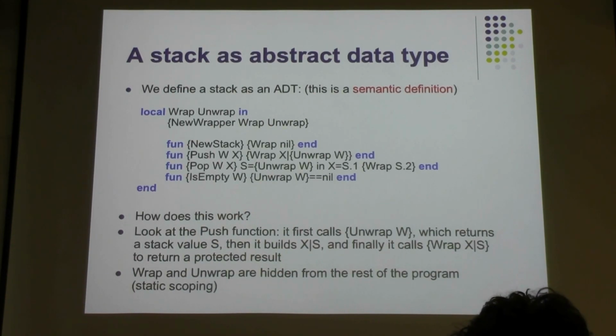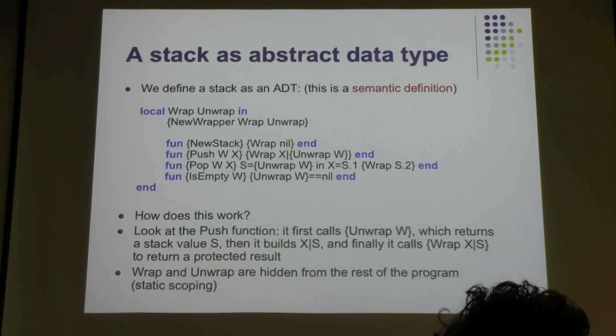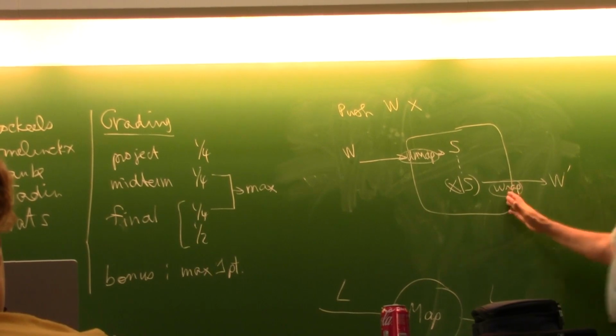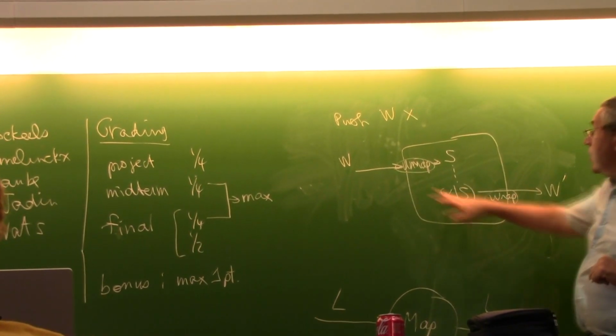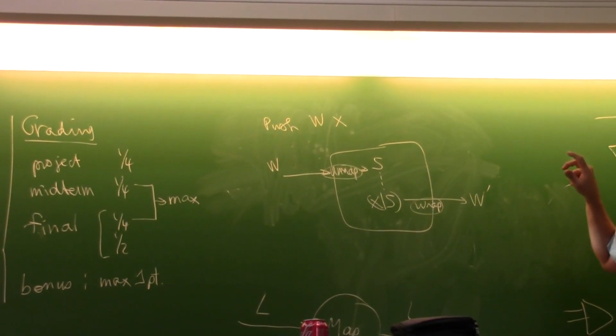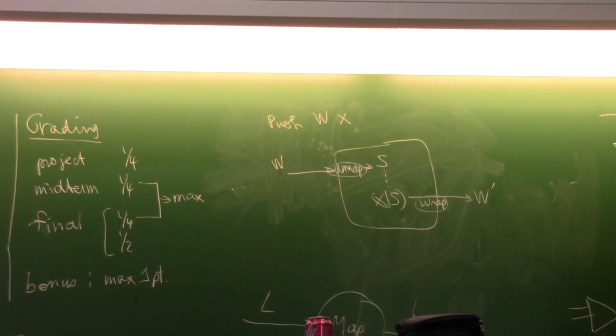You cannot look inside. So you basically unwrap it, which gives you the stack S. Then you can compute X|S, and then you wrap it to return the result. So the wrap and the unwrap are what hides the outside from the inside. The W is a kind of cryptographically hidden version of the stack.